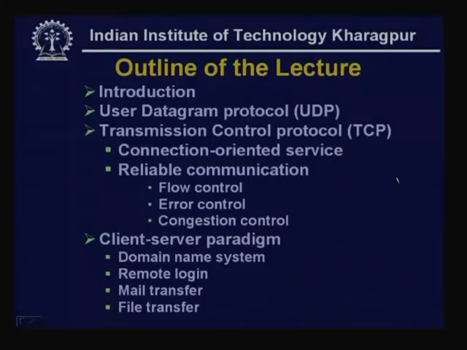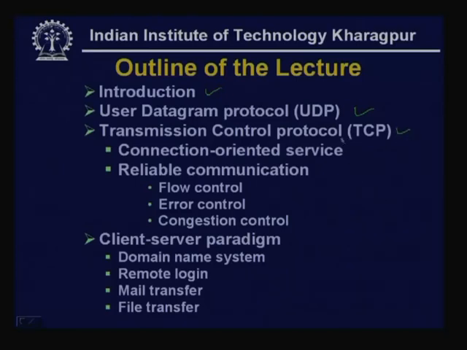First, I shall give a brief introduction which will put you in perspective of the need for UDP and TCP, that means the transport layer protocols. And we shall introduce two transport layer protocols. One is user datagram protocol, known as UDP in short, another is transmission control protocol, TCP.